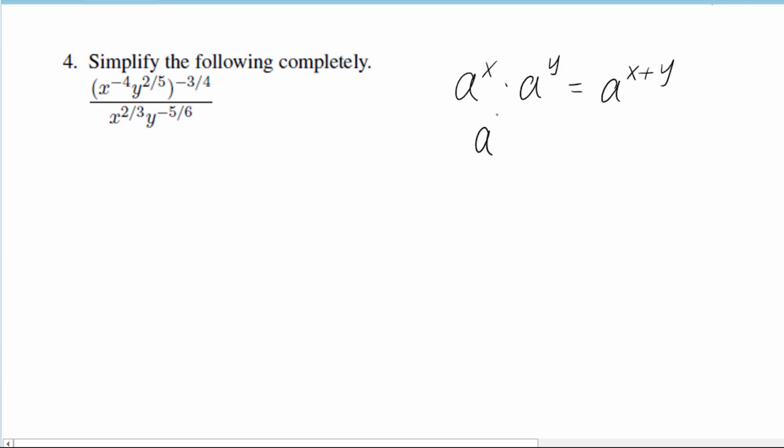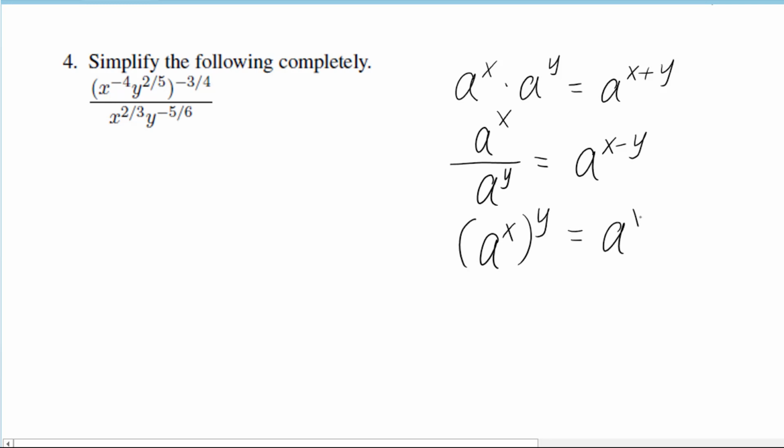When we have a to the x power over a to the y power, we need to subtract the exponents. When we have a power of a power, then we need to multiply.